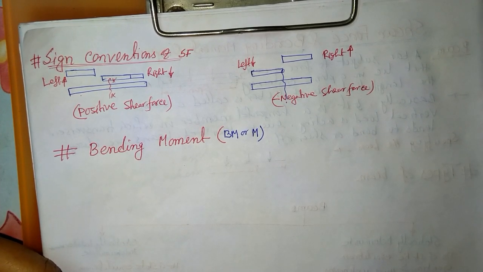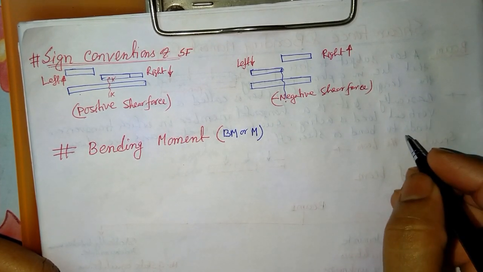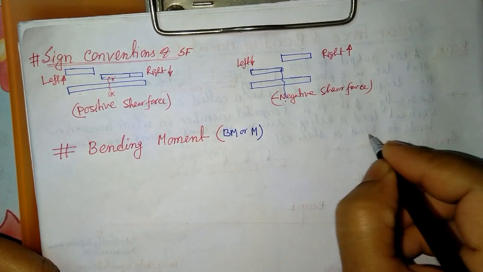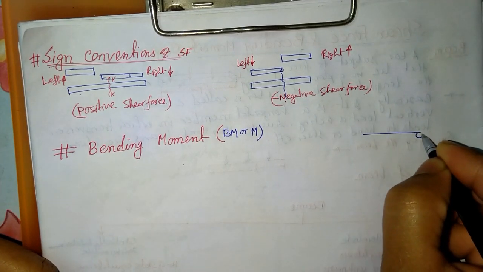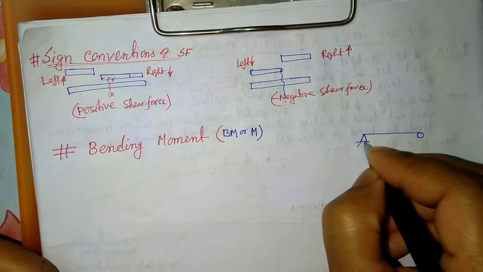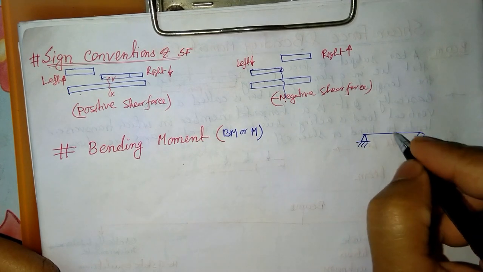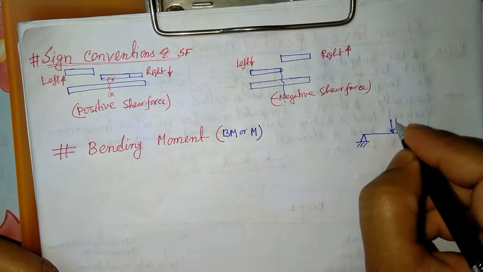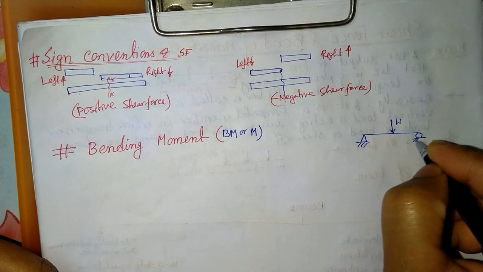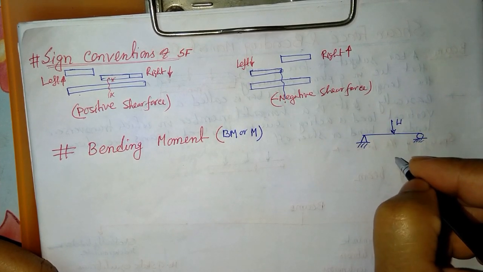But in bending moment, when vertical forces are acting, as already mentioned in the beams topic, due to a vertical force, suppose W, our beam tends to bend or shear.